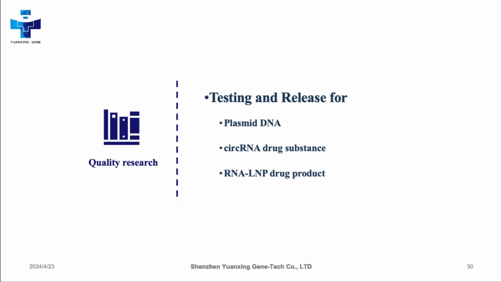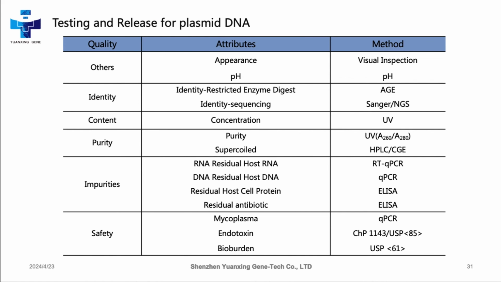This part is the quality research, which includes the testing and release for the plasmid DNA, the circRNA drug substance, and the RNA-LNP drug product. This is the testing and release for the plasmid DNA, which contains the attributes and methods for the identity, content, purity, impurity, and safety of the plasmid.